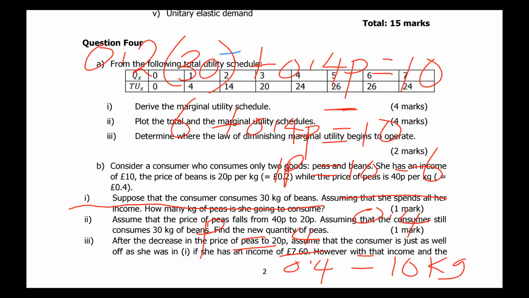Remember the equation that I showed you: the price of beans times beans, plus the price of peas times peas, should be equal to our income, which is 10. We know the price of beans is 0.2 and here there is 0.4. We are given all this. This is the equation that we are using. Did you get it?